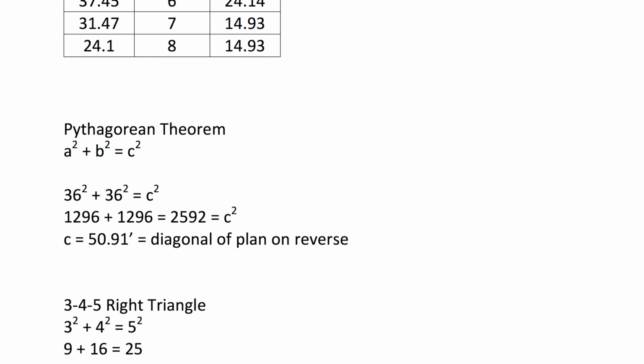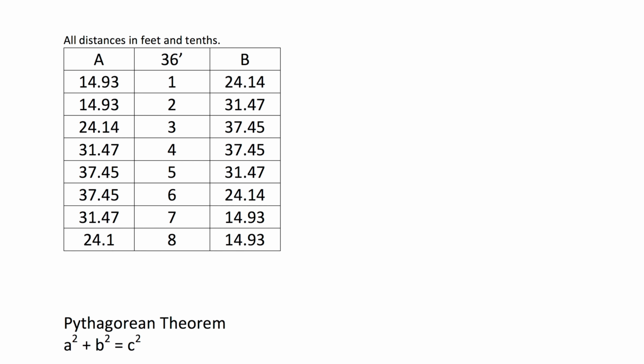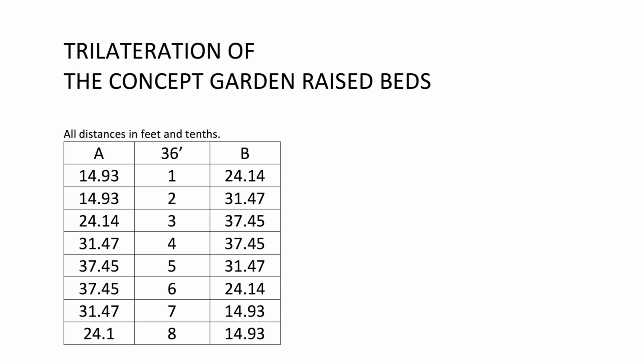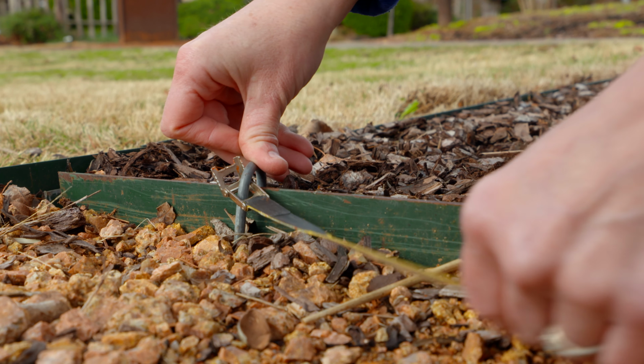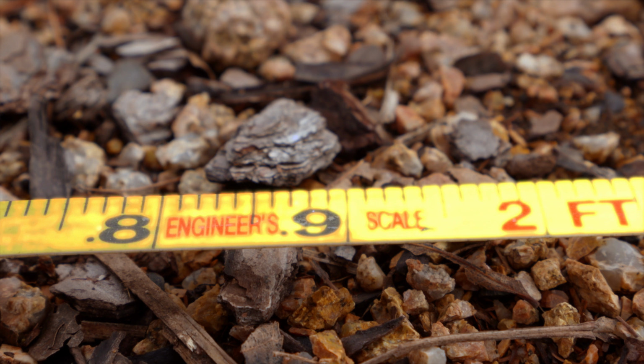So again, basically what we've done is we've just used a ruler to identify those distances, the measurements from our reference points A and B to the points that we want to identify in our octagon and in our plan. Now we've taken those measurements and then we've transferred them using the scale out into the garden to make sure that our plan is exactly how we want it.